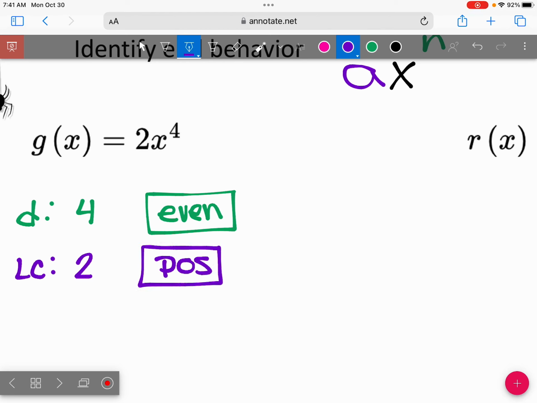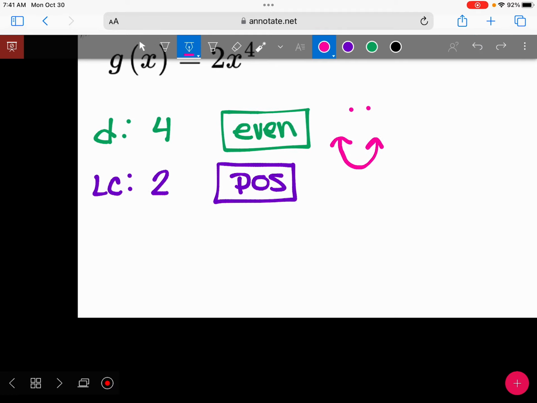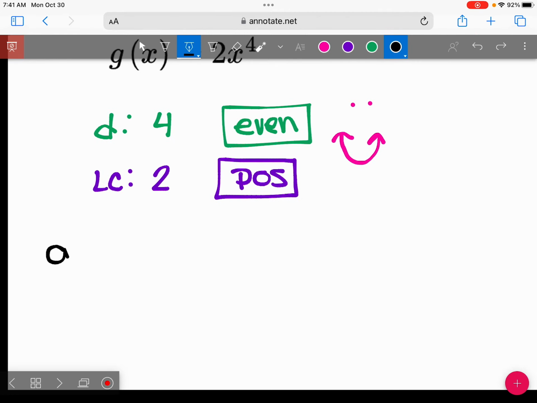So if it's even and positive, my quick thought is a smiley face. Our even positive is a happy face parabola. So the way we write that out all mathily is we say as x approaches negative infinity, what does my y approach?